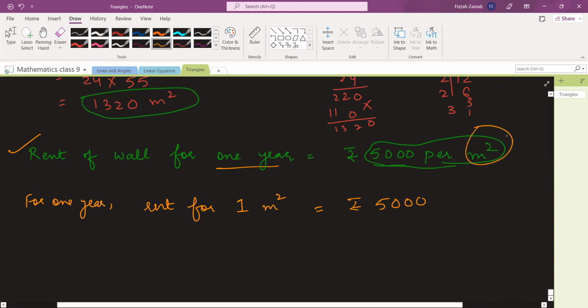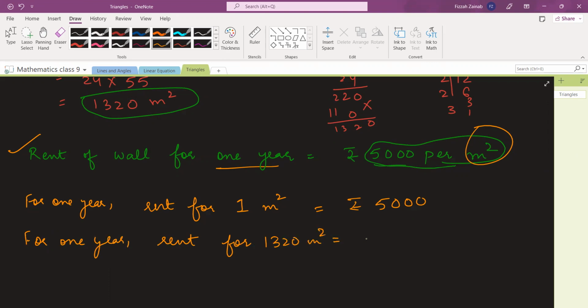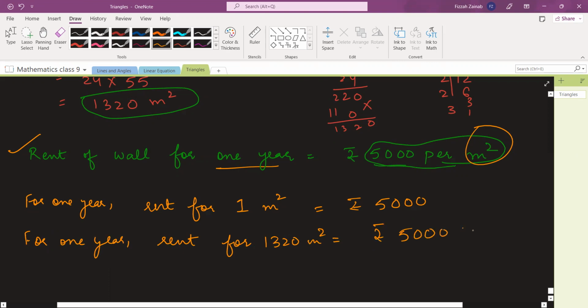Per meter square means for 1 meter square, this much is rupees. And then for 1 year, rent for 1320 meter square will be this rupees 5,000 multiplied by 1320.